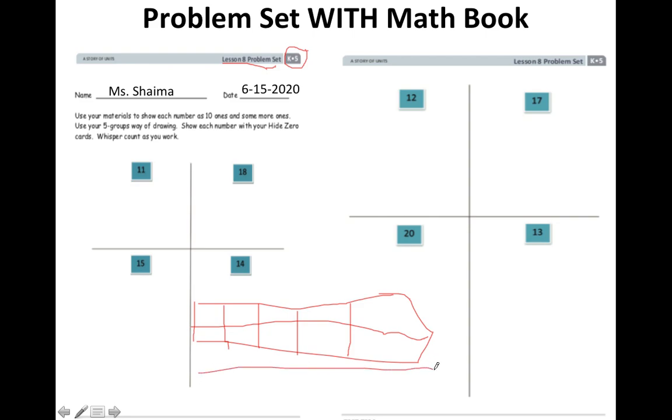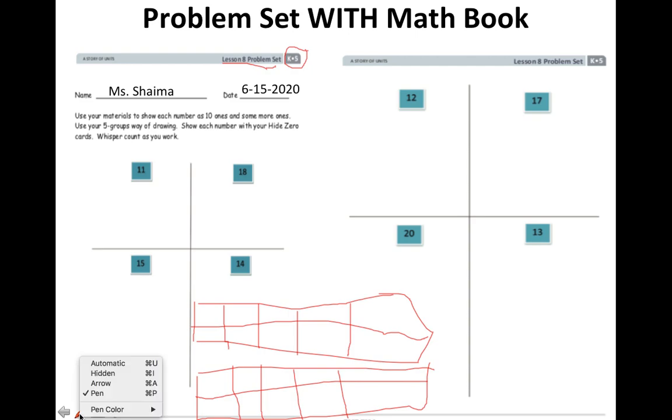So remember, 14 is a big number, which means it's more than 10. That's why I have to make two 10 frames to show that I have. Now I'm going to change the color of my pen to show you how I would draw.